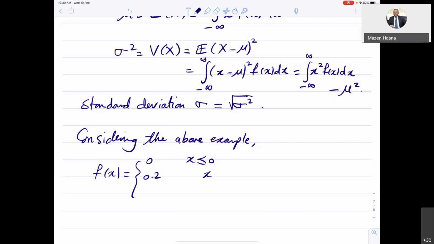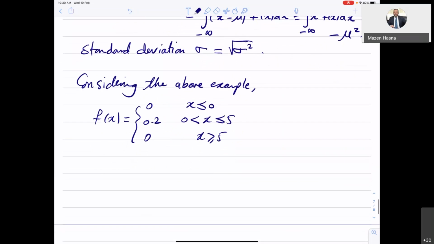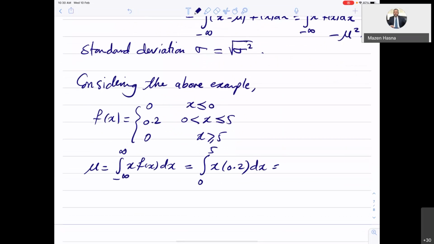So this was point 2. X is between 5 and 0, and 0 when x is greater than 5. So let's do, what's the mean? In this case, mu, by definition, is the integration from minus infinity to infinity of x f of x dx. In this case, we know that the range is between 0 and 5. X times f of x, which is 0.2, dx. Then what's the integration of 0.2x? 0.2 over 2 x squared, right?